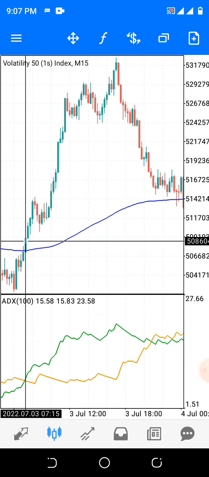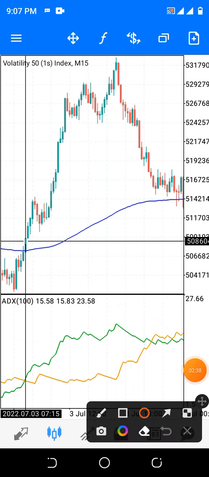Now let me show you so that you will see it clearly. This is where the ADX crosses. This is the candlestick where the crossing occurs, and if you watch closely, you will see that the candlestick is above the moving average. The first condition must be fulfilled and the second condition must also be fulfilled before you take a trade.